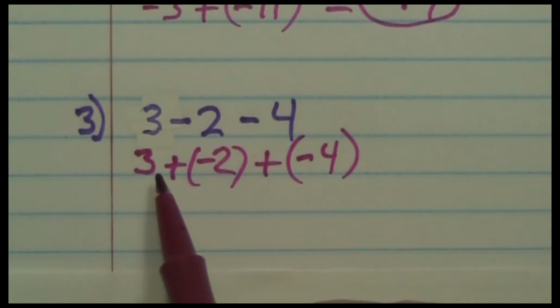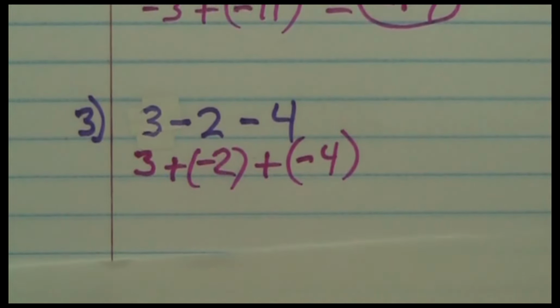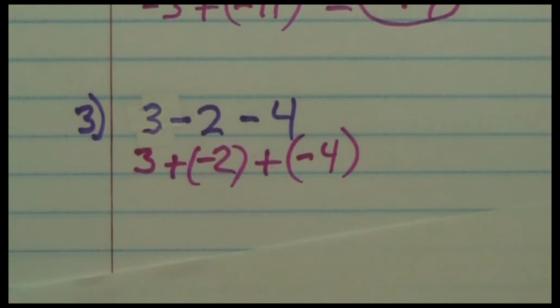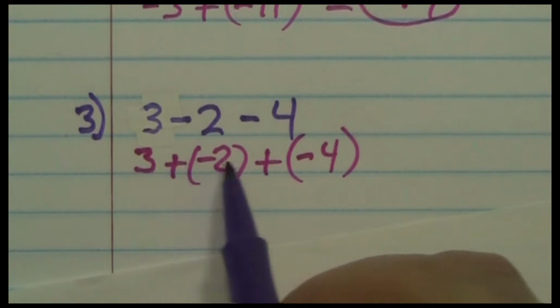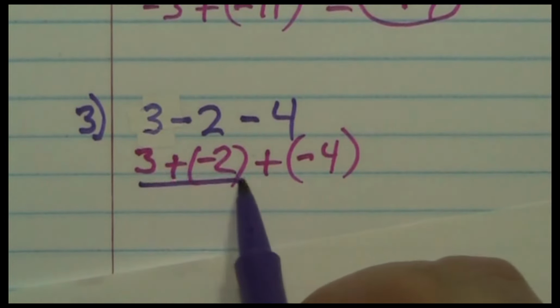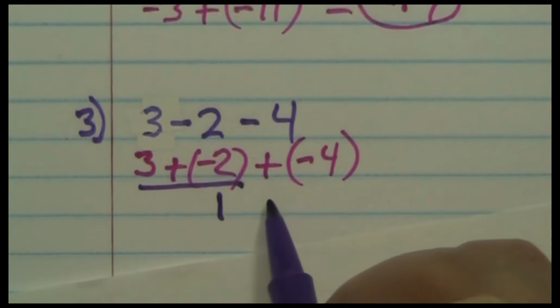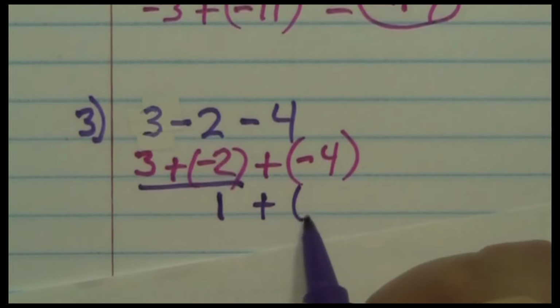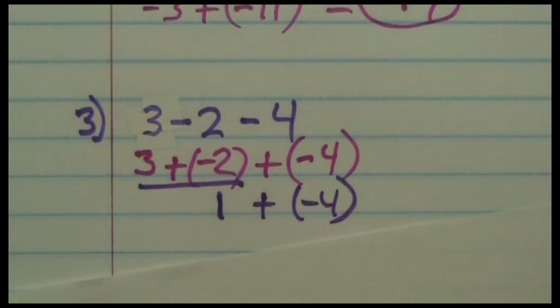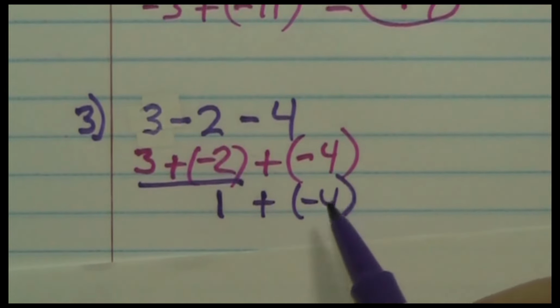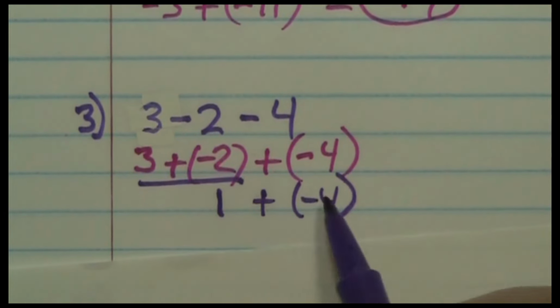So now it's a little easier to detect, to see our answers. Let's see, we have 3. I'll just do 2 numbers at a time. Let's see, I have 3 and negative 2. Well, 3 minus 2 is just, this right here is 1. So now I have 1 plus negative 4. Okay, well, they're different. There's more negative.